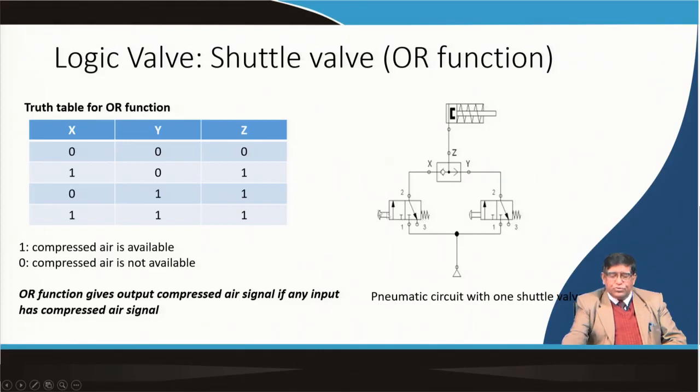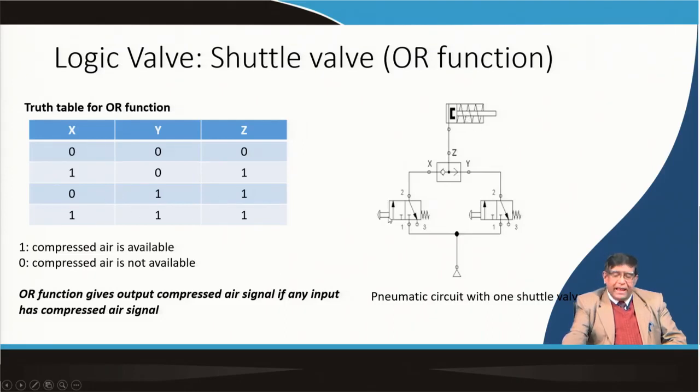When it is pushed like that, this particular one gets connected and the air comes over here. At that time, even if the other is at 0 position, not allowing any flow, there will be flow and this piston, this cylinder, will get actuated.